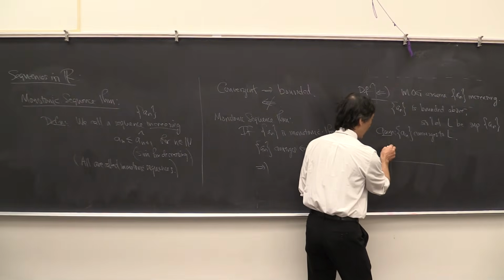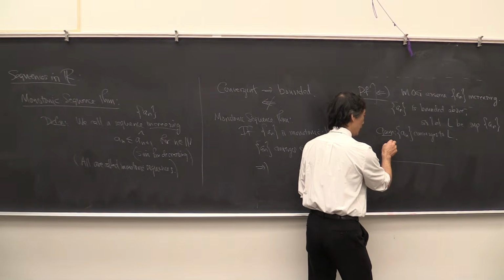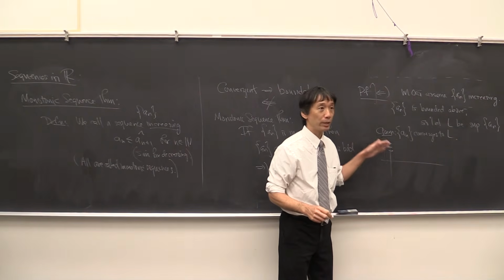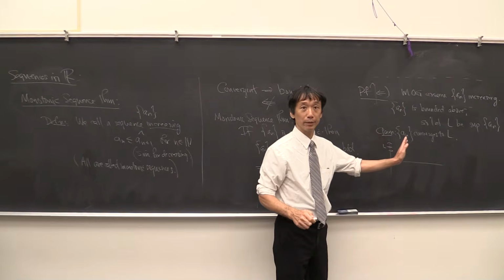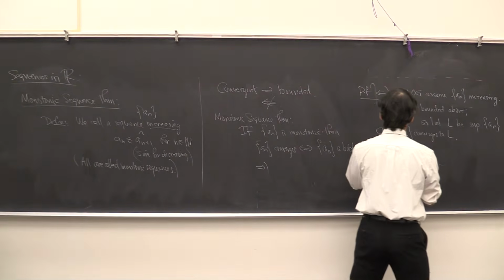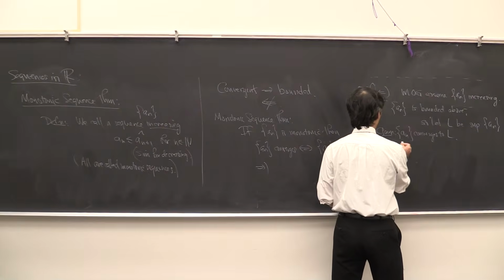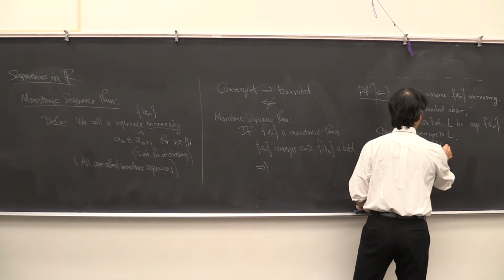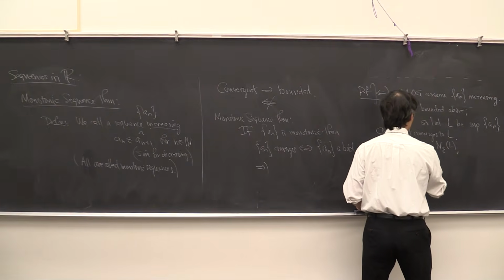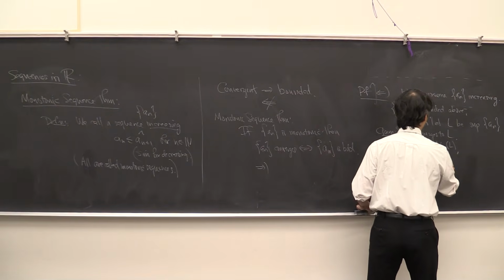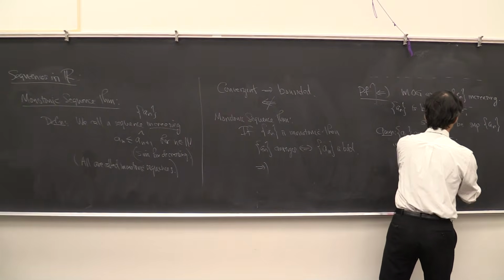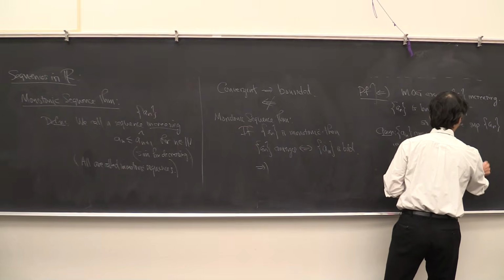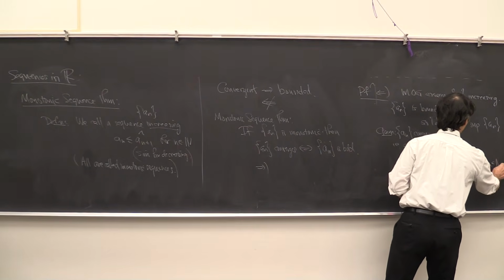What does that mean? Given any epsilon neighborhood of L, there exists a time past which all A sub n are in that neighborhood.